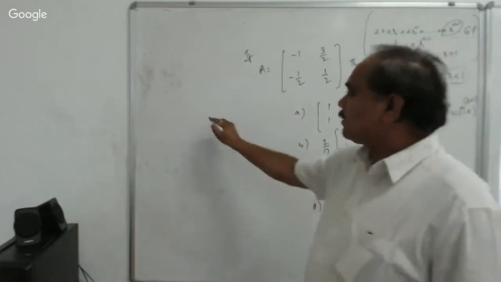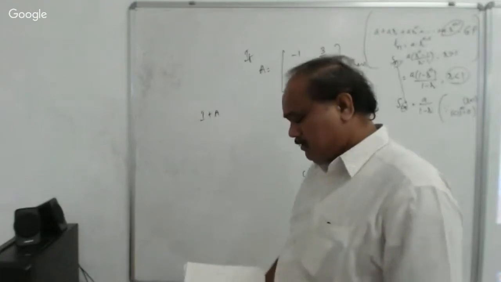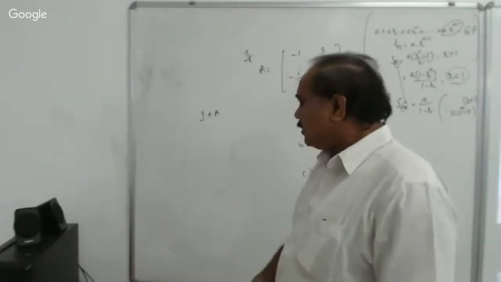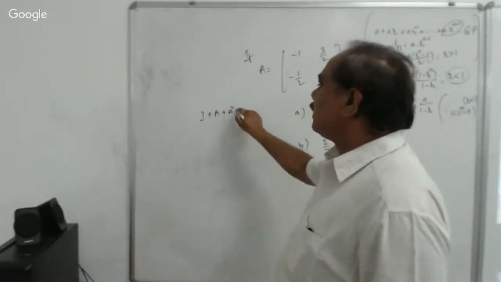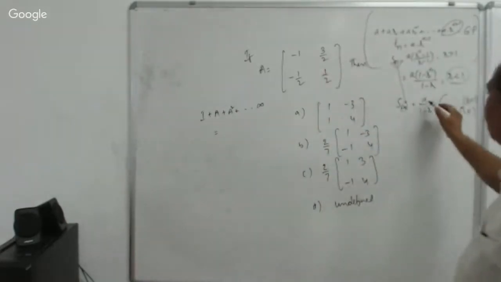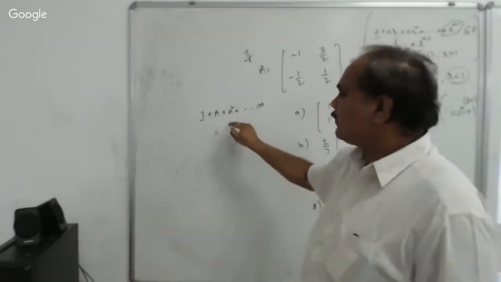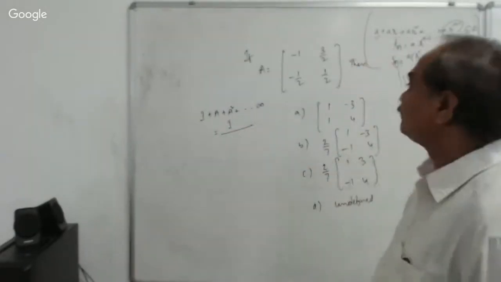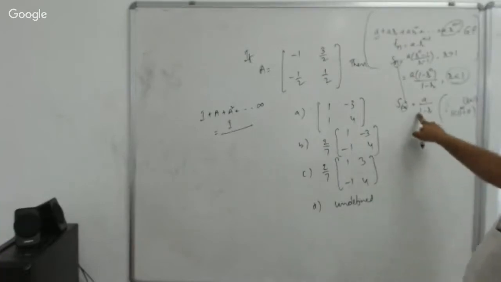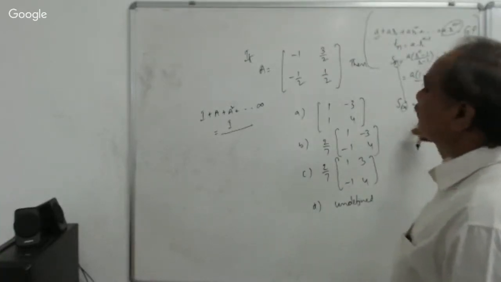Now the question is I plus A square and so on up to infinity. Here A means the first term, but in matrices the first term is I, not 1, since 1 belongs to real numbers.